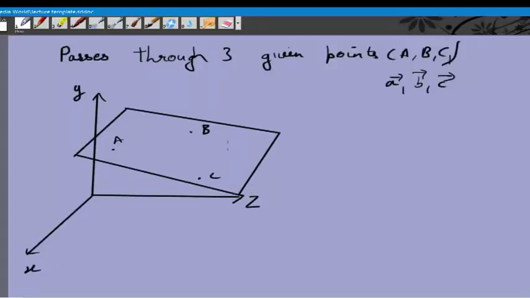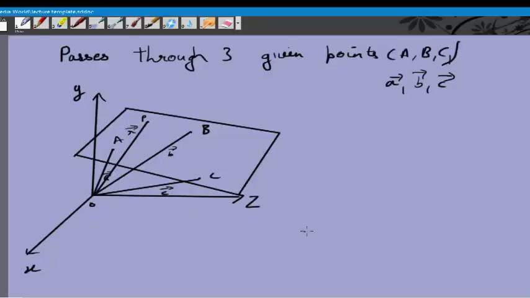The 3 points uniquely determine the plane, right? This would be O, this would be A vector, this would be the vector B, this would be the vector C. Let's take any random point P which has the vector R.